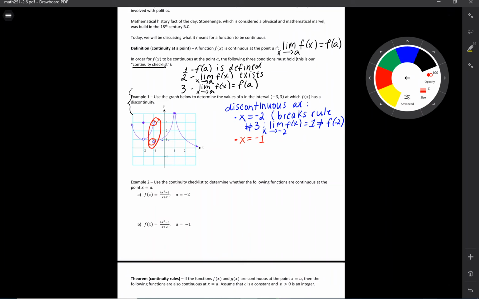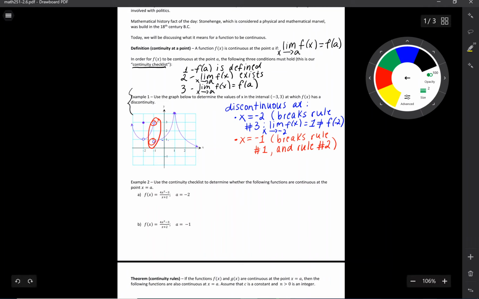This breaks rule number 1, since I'm not defined there. And it breaks rule number 2 since the limit does not exist. I have a separate right-hand limit and a separate left-hand limit. So my limit doesn't exist, again, because I have a separate right and left limit on that point.